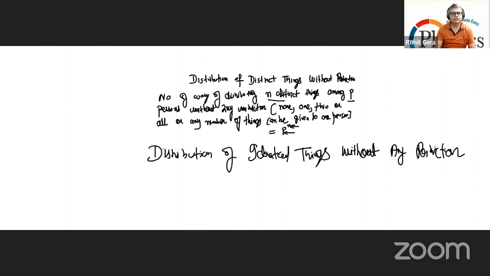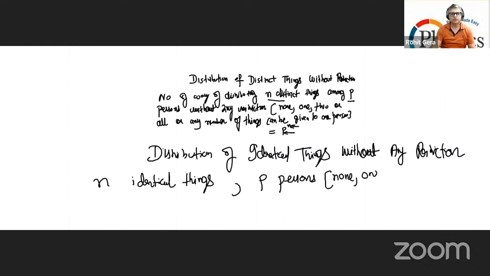So now you have to distribute identical instead of distinct. So if you have n identical things which cannot be distinguished, and there are p persons to which you distribute them, and of course there is no restriction, so you can give nothing to someone, one or two, or all can also be given to one person, right?